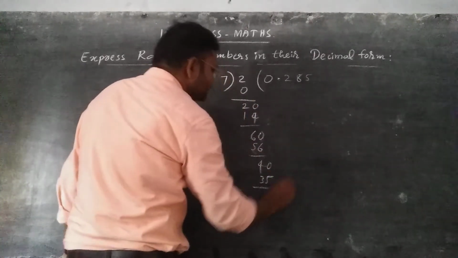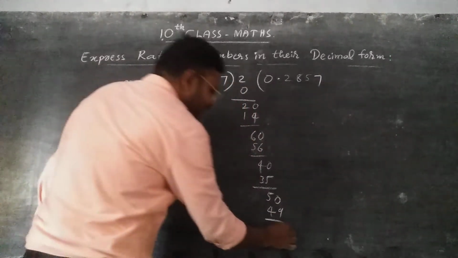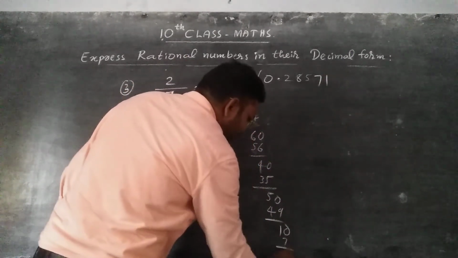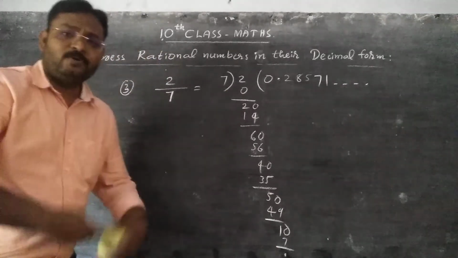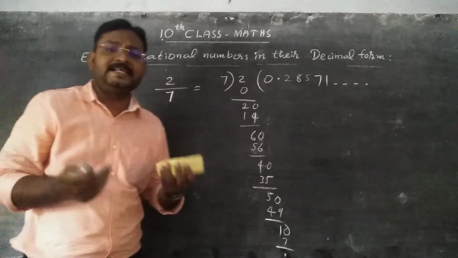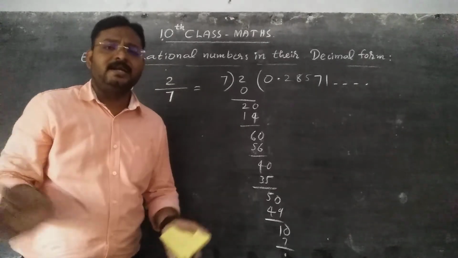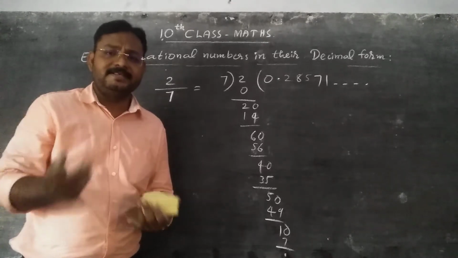Again 5 will come. 7 7s are 49, 1 will come. 0. Again 7 1s are 7. So this is going on forever. So it is called a non-terminating repeated decimal.